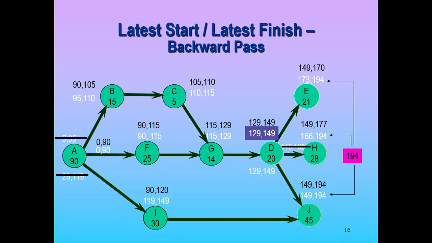What's the late finish and the early finish? The early finish is 170, and the late finish is 194. That's 24 days of slack. How about activity G? What slack does it have? 0, right. How about F? Right. How about A?